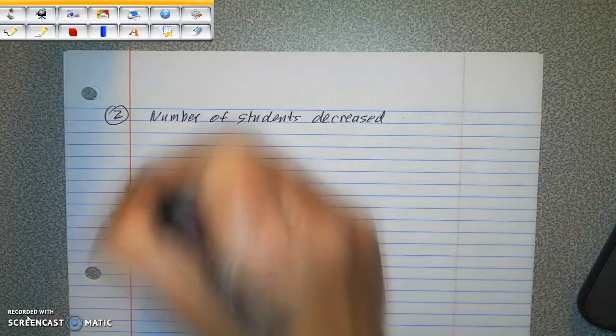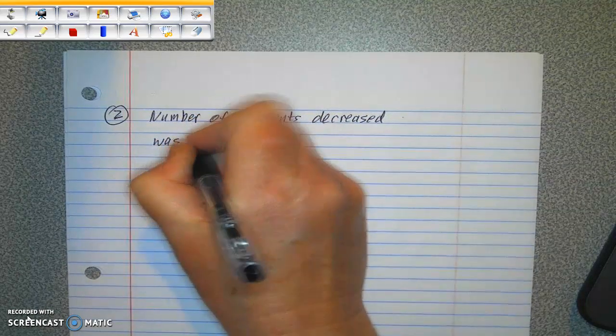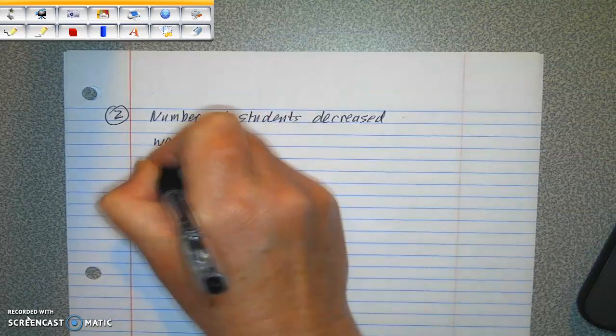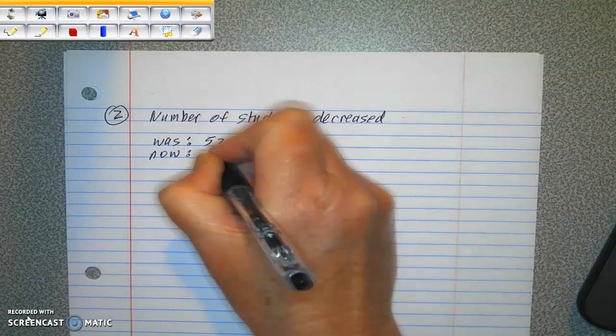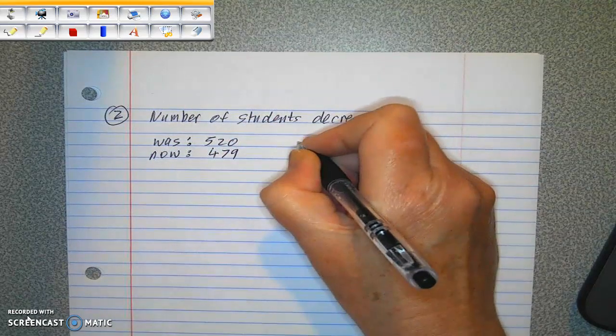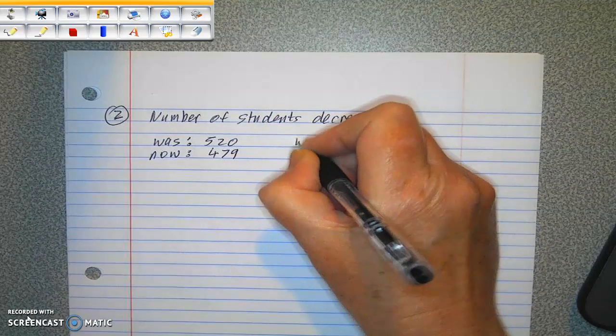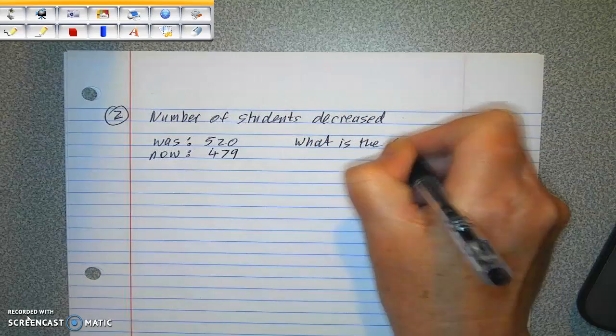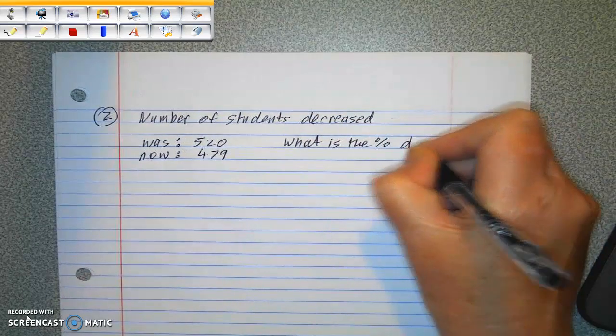Okay, so we're going to say it was, maybe this is last year or 2 years ago, 520, and it's now 479. And you want to know what the percent decrease was. What is the percent? And in this case, it goes down, so it's a decrease.